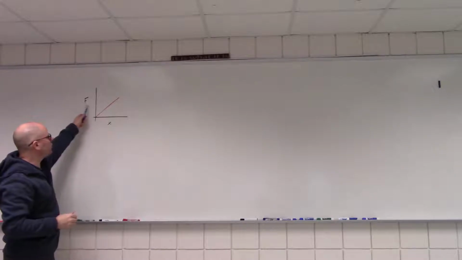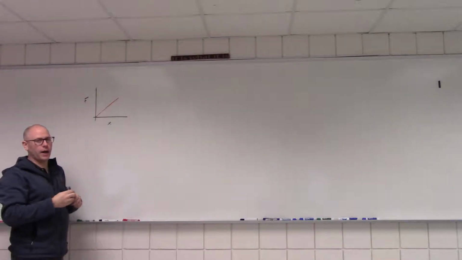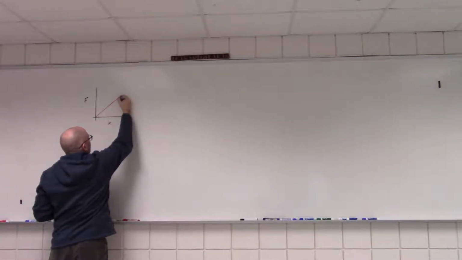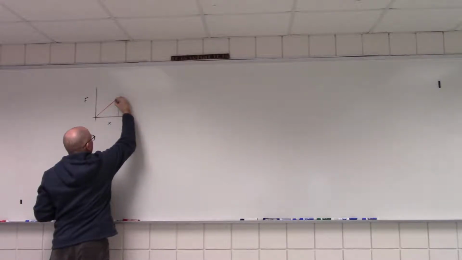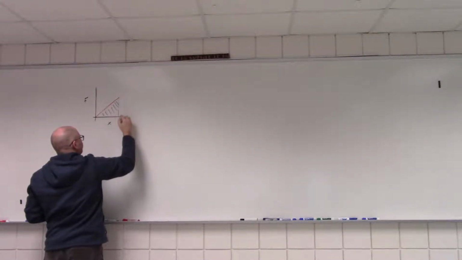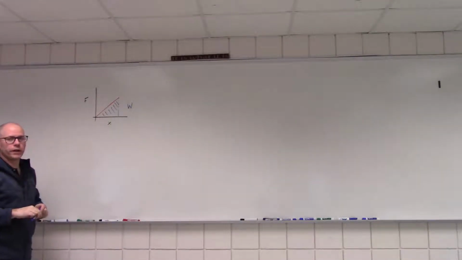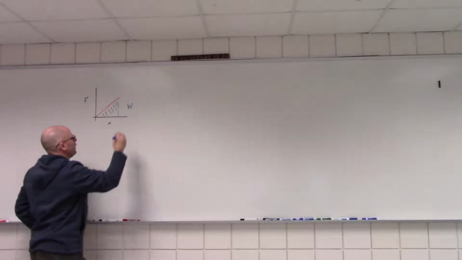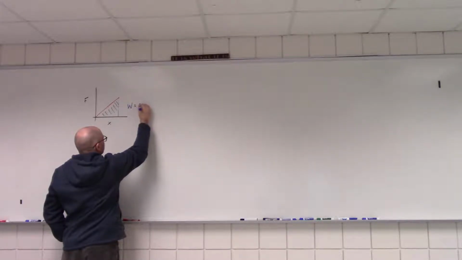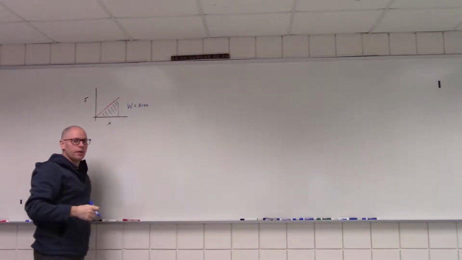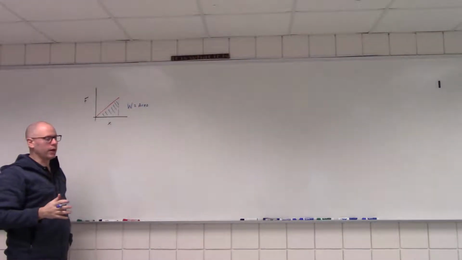This is the force that you applied, and this is the distance it stretched. So we know the work done here was this area. That was the definition. That's what we've been going with here.